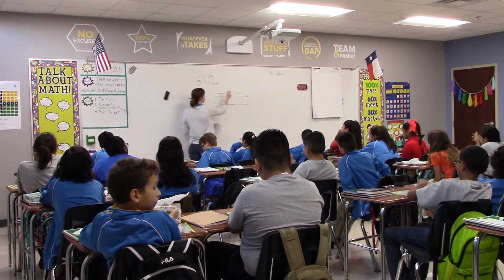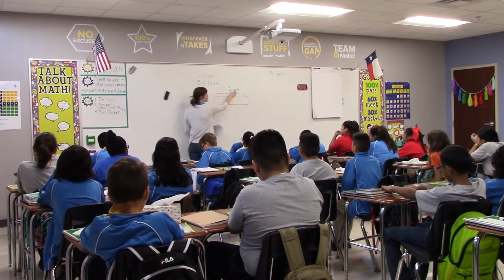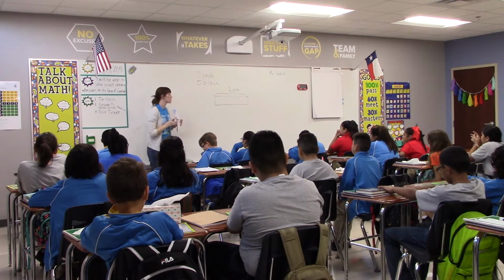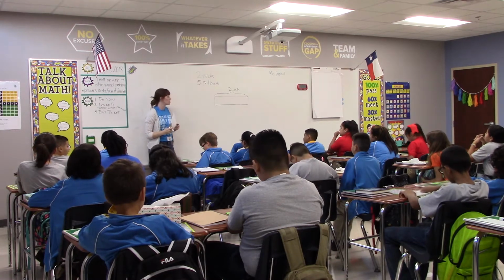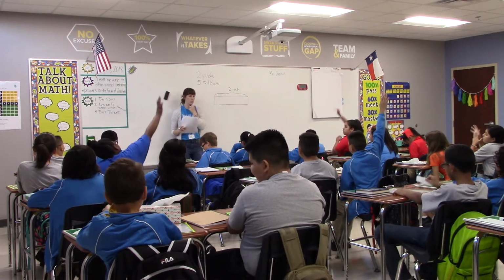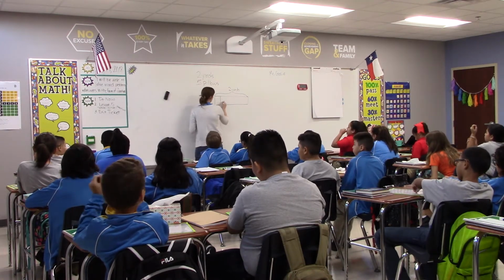I have 2 yards of fabric. Make sure we include what we're talking about. 2 what? Yards. Good. I need to make 5 pillows. So how many units do I need to divide my diagram into? Elijah? 5. Very good.